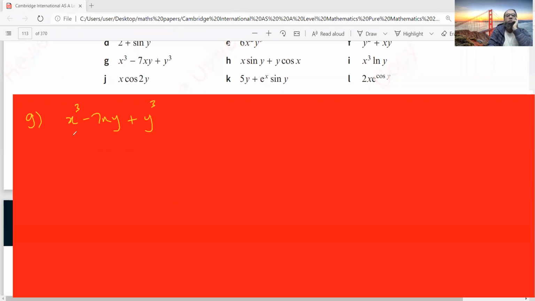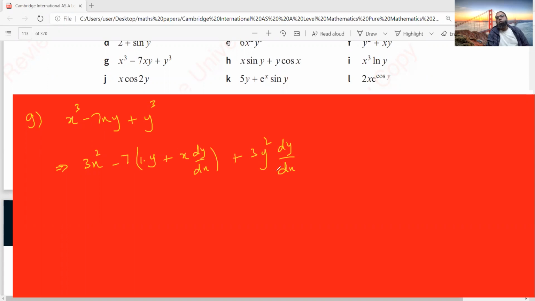The derivative of x cube is going to be 3x squared. You keep this minus 7 out, and then you apply that u dot v. The derivative of x is 1 times this y as it is, plus x as it is, and the derivative of y is simply 1 times dy by dx. And then you have plus 3y squared, and then you have dy by dx.